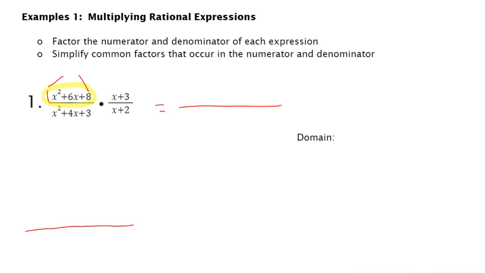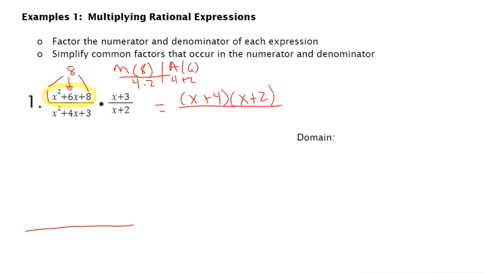I'm just going to factor it out. So I'm looking for factors of 8 that add to 6. So multiply to 8, adds to 6. And you're going to find that it's a 4 and 2. So the first one is x plus 4, x plus 2.